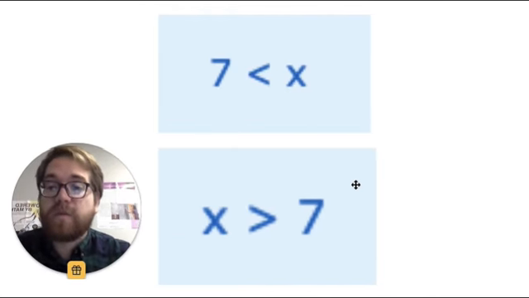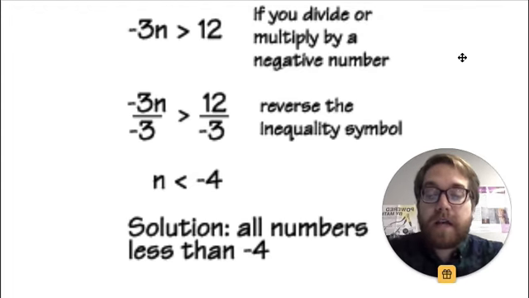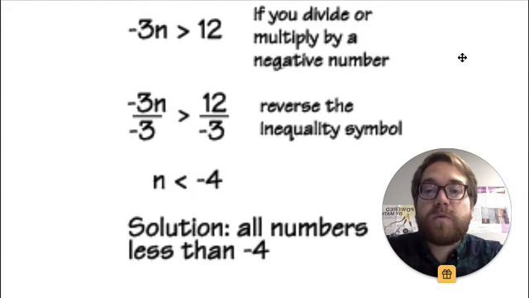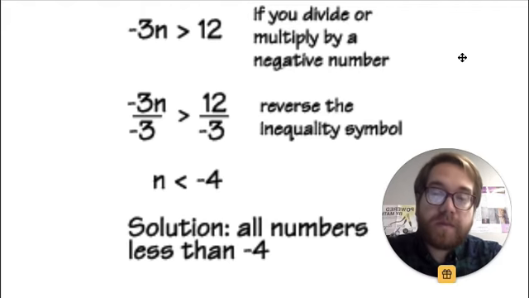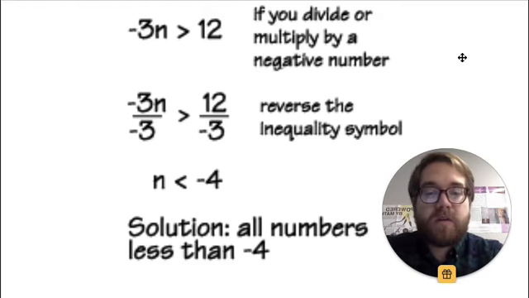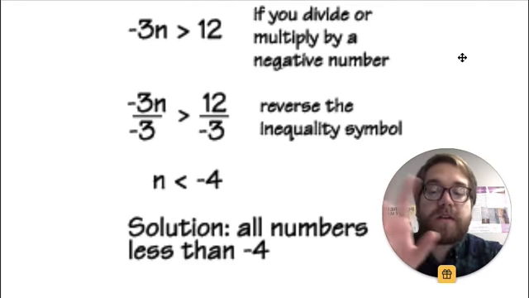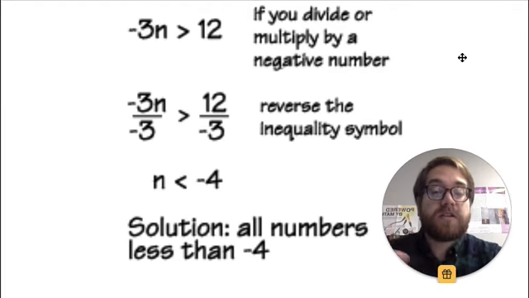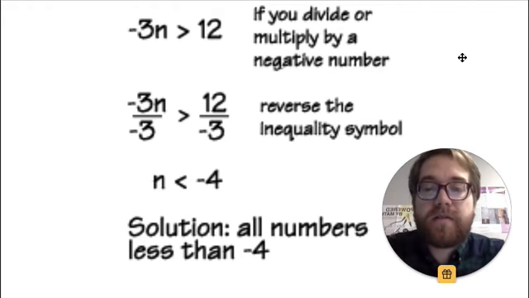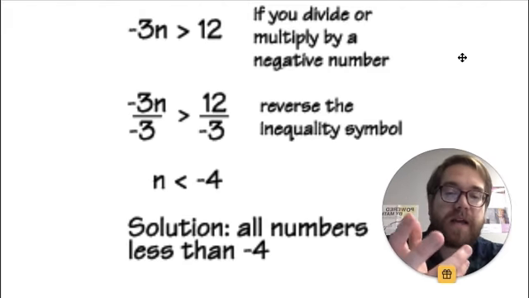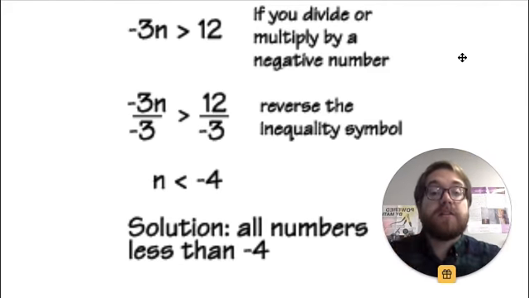Let's look at the other case where we flip the inequality sign, and this is what we'll be talking about today. It's when we have negative numbers, and specifically when you multiply or divide by a negative number. Just because you have a negative doesn't mean that you're going to change the sign, but when you specifically multiply or divide by a negative number, you're going to flip the inequality symbol, because multiplying or dividing by that negative changes the inequality of the expression, and so we need to flip that sign to make sure it's an equivalent inequality.